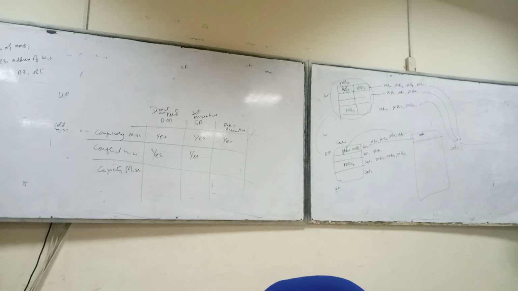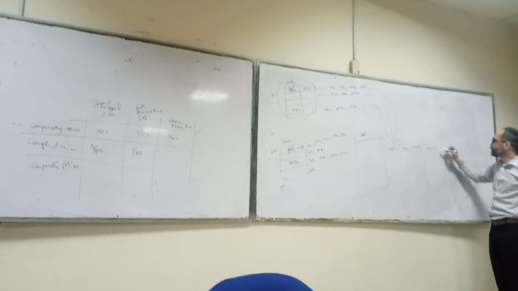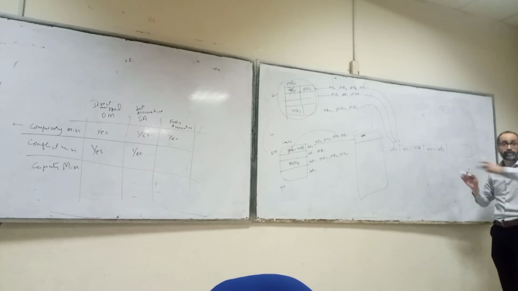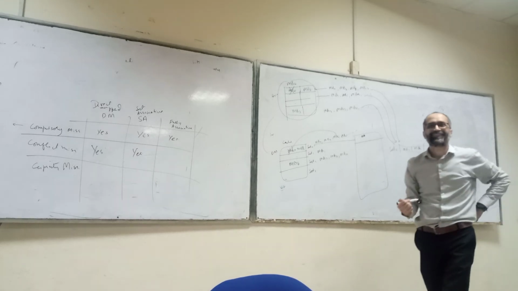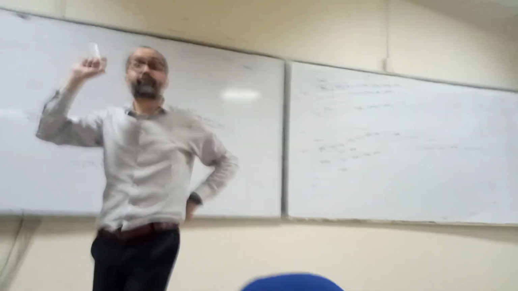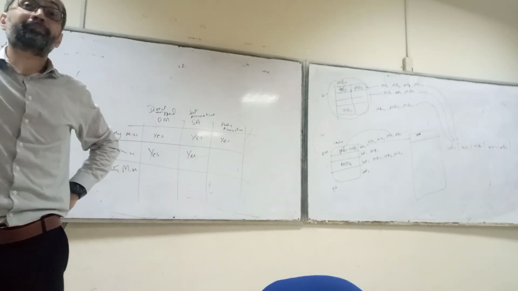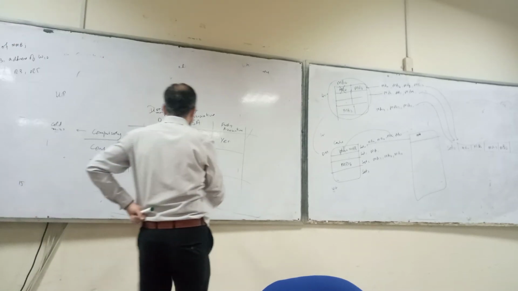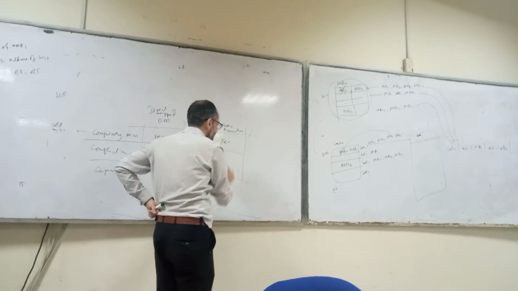If you have MB0, you put it here, then MB8 here, then MB3 here, then MB12 here. Since there is a single set and all memory blocks can be mapped here, there is no chance of conflict miss. So a conflict miss does not occur in a fully associative cache.